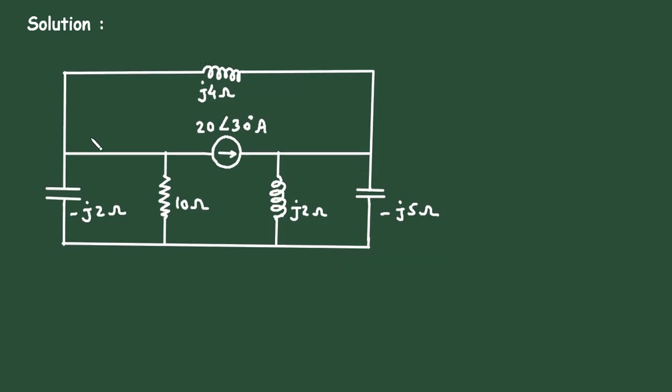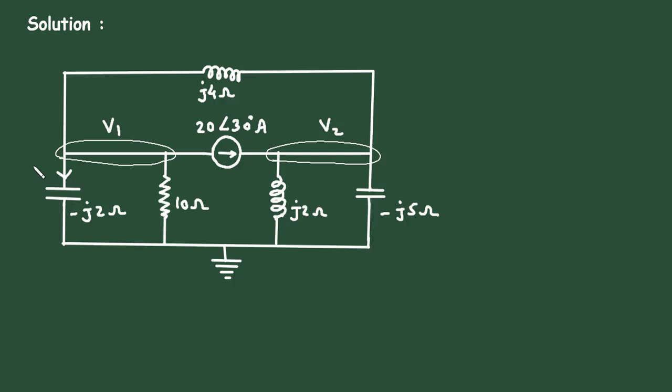So here we can see it is a node. Let's say this is node number 1 with voltage V1. Here also this is a node. Let's say this is node 2 with voltage V2. Now let's say this is a reference node or ground node.